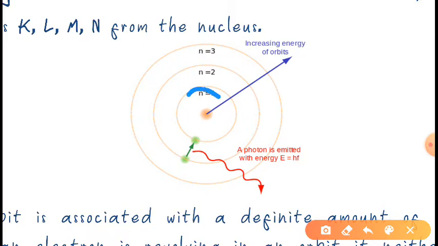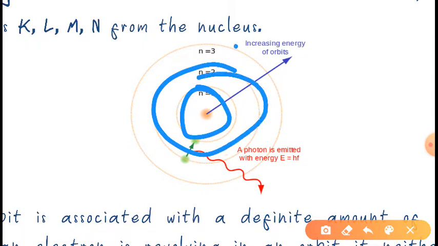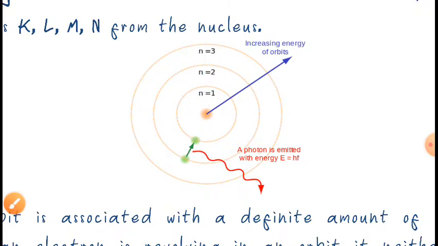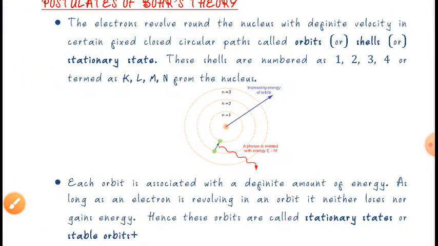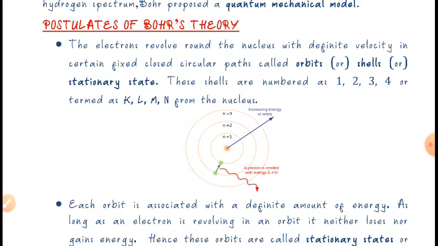You can see here each orbit is given n equal to 1, n equal to 2, and n equal to 3. But as you remember, in the Rutherford model he said that the electron revolves around the nucleus, but he did not say that the electron is revolving in a fixed orbit.